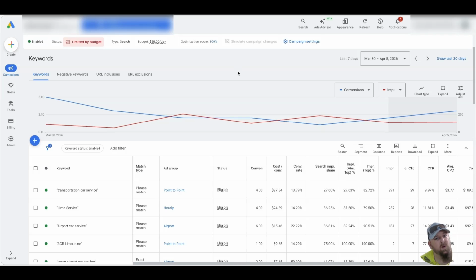There are neutral ones where we're okay with them showing up because they're on topic, on brand. We don't mind paying for those, and we'll leave those as is. And then there are ones that aren't relevant at all, and we'll add those to our negative keyword list so that we don't trigger those ads in the future, because we don't want to pay for things that aren't relevant, right?